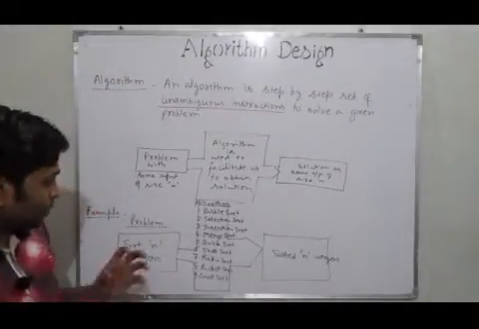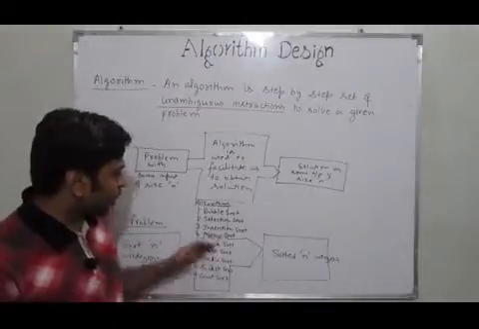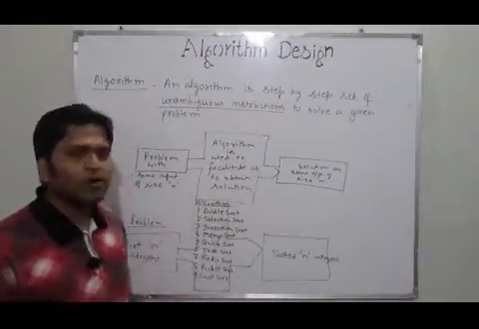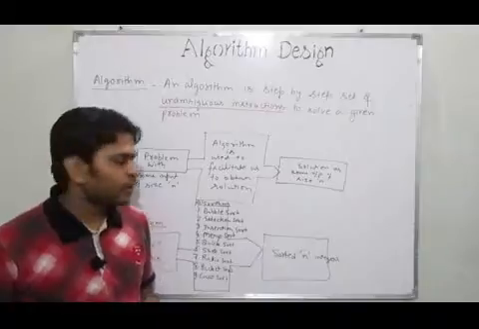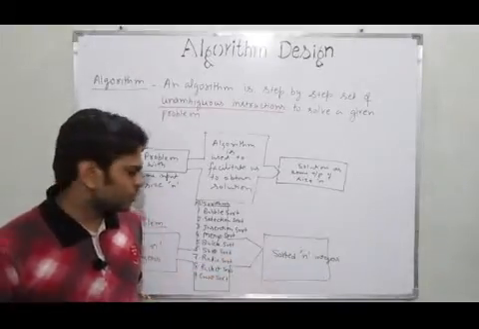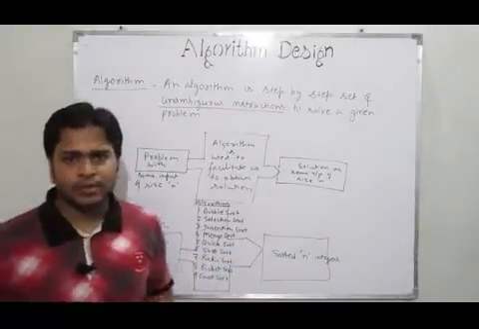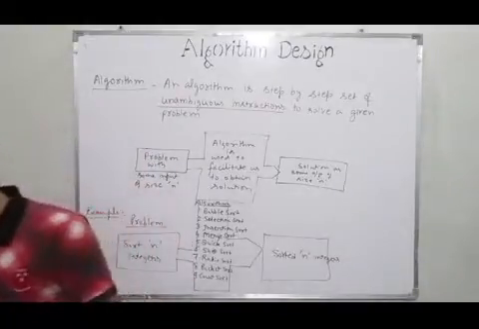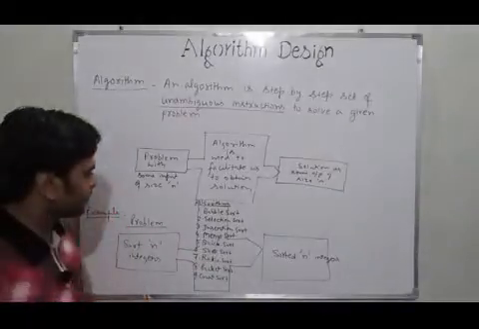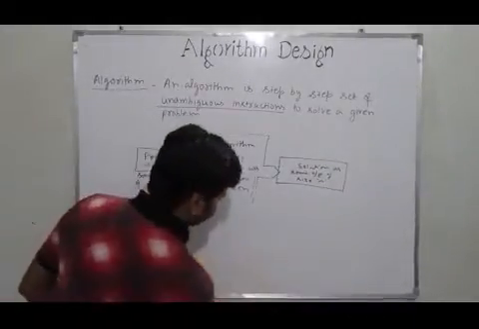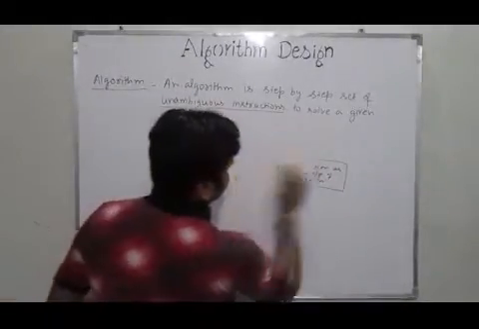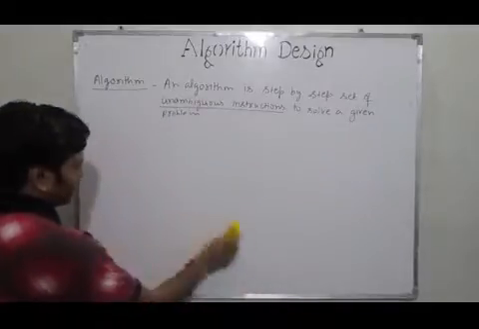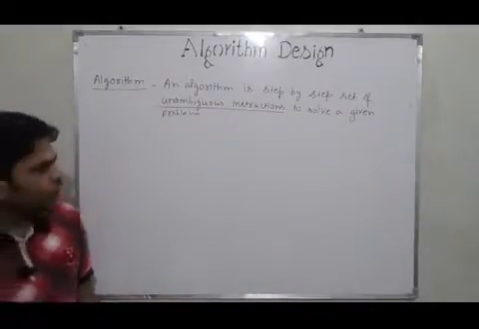So now the question is, out of these algorithms, which algorithm would be the best to find out the solution? This depends upon certain parameters. Let us check what those parameters are.